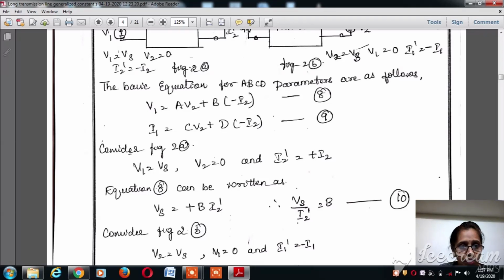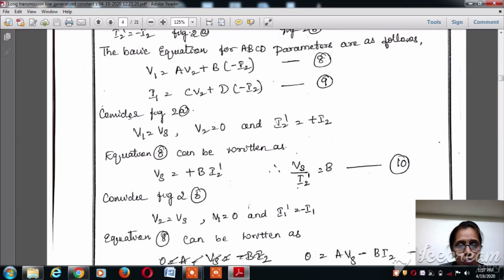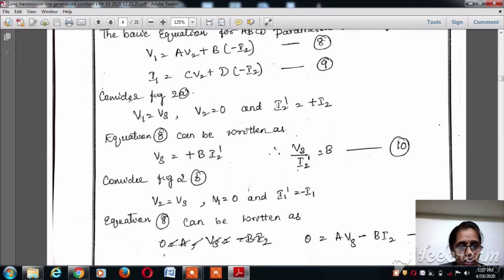So consider figure 2A. In figure 2A, we know that V1 is equal to Vs, V2 is equal to 0, and I2 dash is equal to plus I2. Equation 8 can be rewritten as Vs is equal to B into I2 dash, because I2 dash is equal to minus I2, whereas I2 is equal to plus I2 dash.